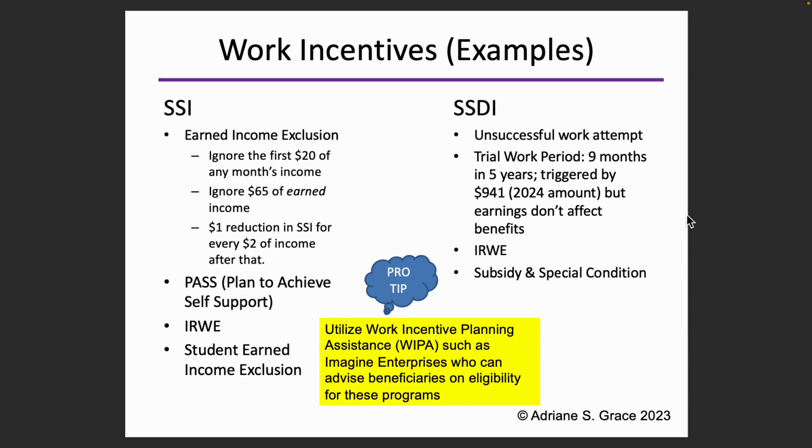So I'll just talk about this one real quick as an example. This one stands for impairment related work expense. So if your child needed certain things to enable them to do the job, like they needed orthotics in their shoes or glasses or something, you could enroll in this program, report to Social Security what this monthly expense was, or even transportation if they need to take public transportation to work because they don't drive or they can't drive.